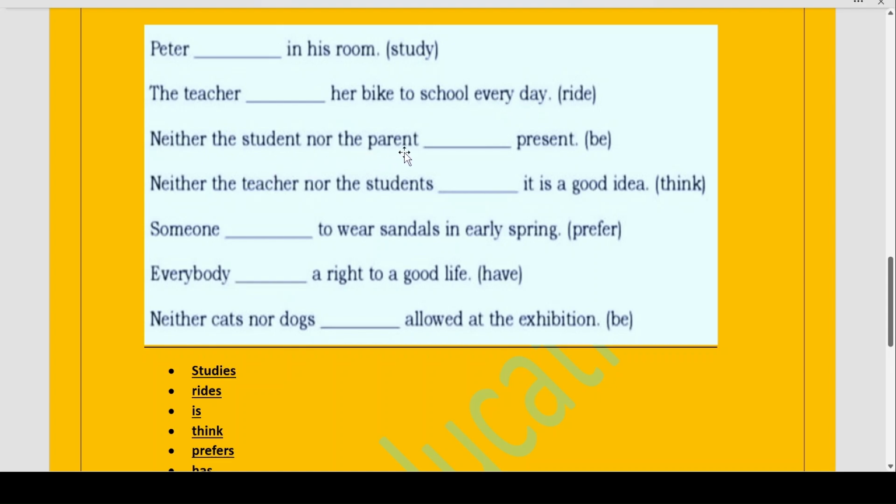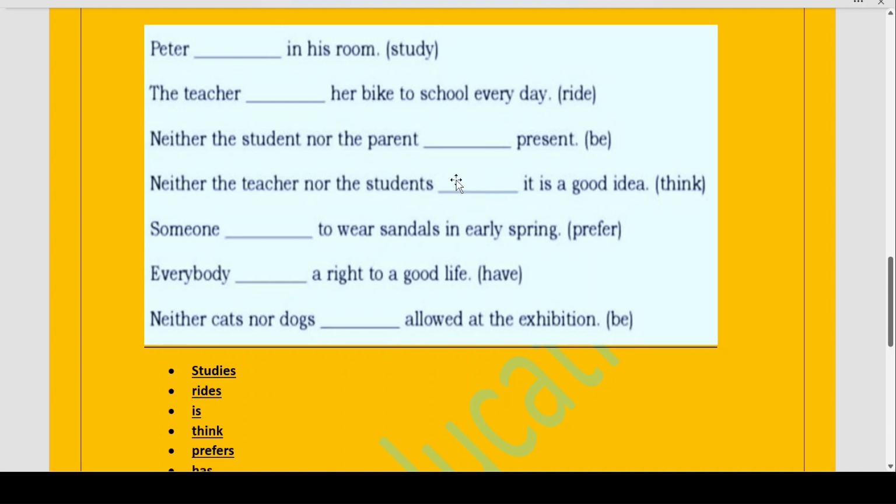Neither the student nor the parent ___ present. The be verb forms are is, am, and are in the present tense. So, depending upon the subject, which is singular, which is third person, we will use is. Neither the student nor the parent is present. Neither the teacher nor the students think it is a good idea. Now, why are we writing think over here and not thinks?